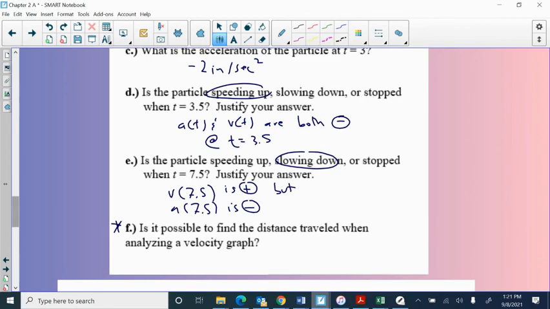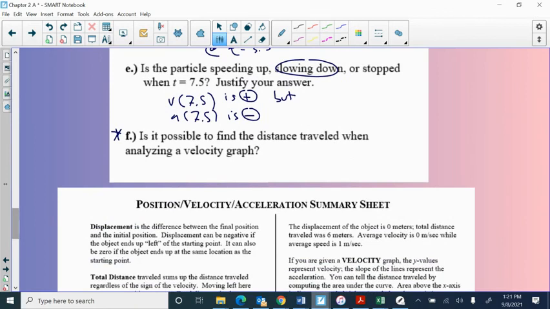And I get 60 times 3 is 180 miles. I know I'm 180 miles away. And that's what this region represents, this area under the curve. So the answer is yes, you can find distance when you look at area under the curve.